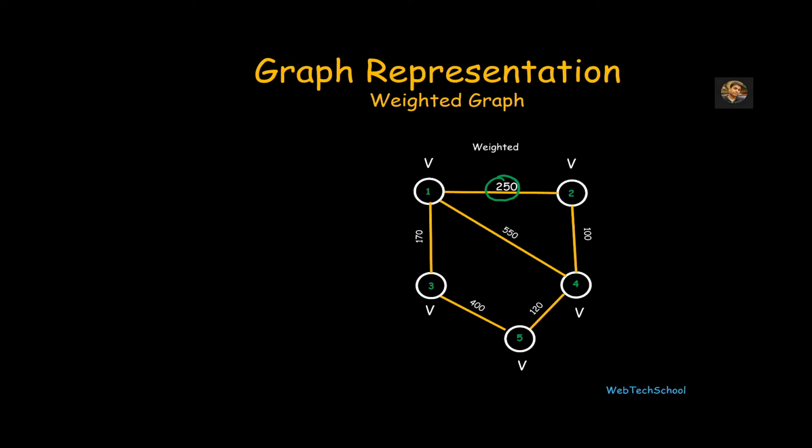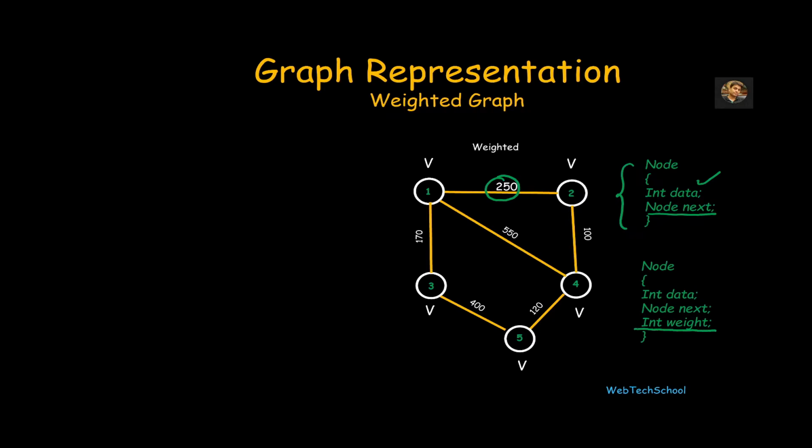A node in a linked list can be represented programmatically in this manner, where we have a placeholder for storing data and a reference for storing the next node. If we modify this class or struct to add another property, weight, then we'll be able to store a weighted graph in adjacency list format.